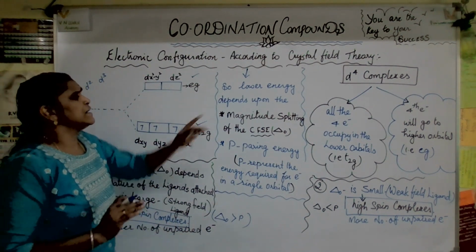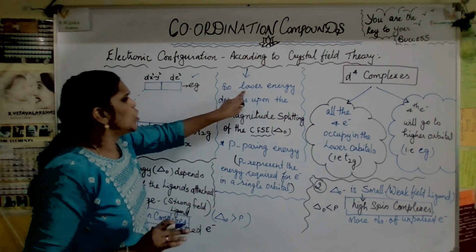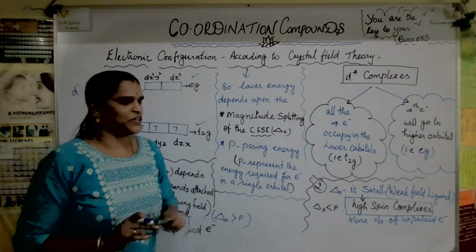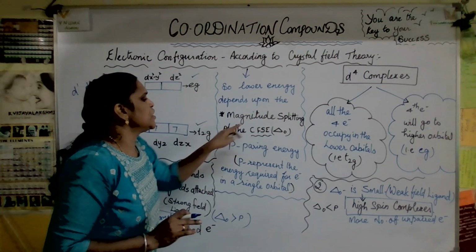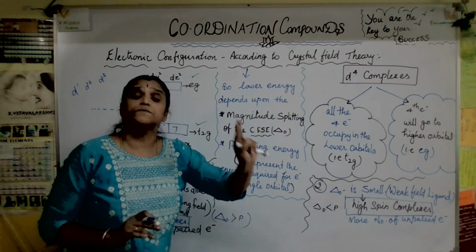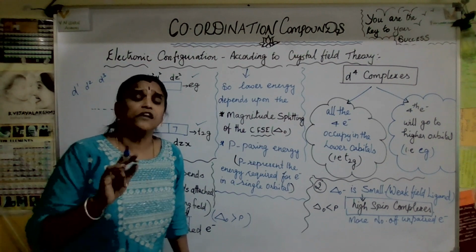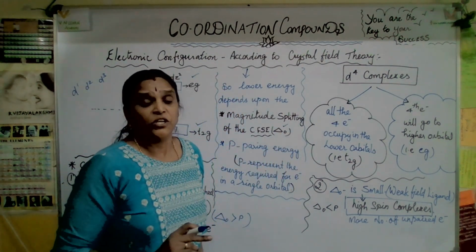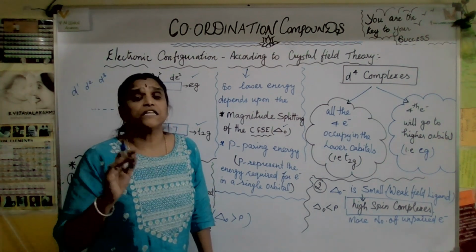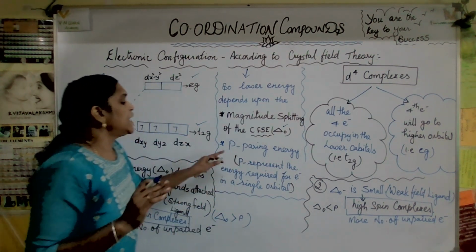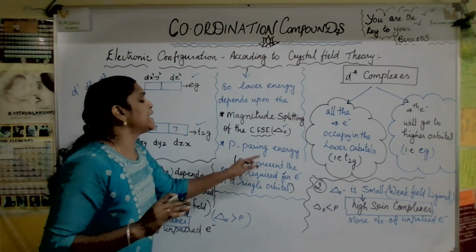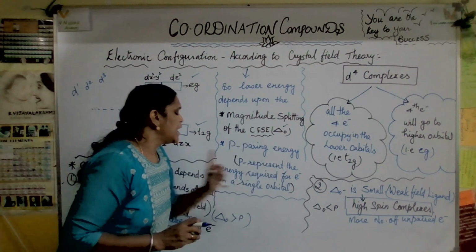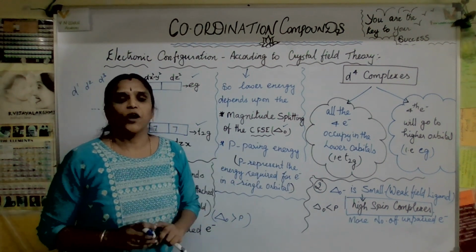So that depends on the nature of the ligand, as I just mentioned. Two things we have to consider. One is the magnitude of the crystal field splitting energy, which we denote delta naught. The other is P, the pairing energy, which represents the energy required for pairing an electron in a single orbital.